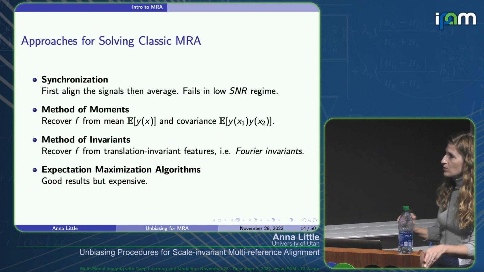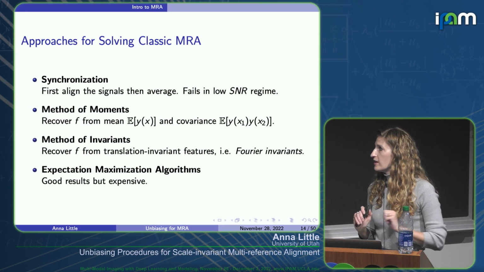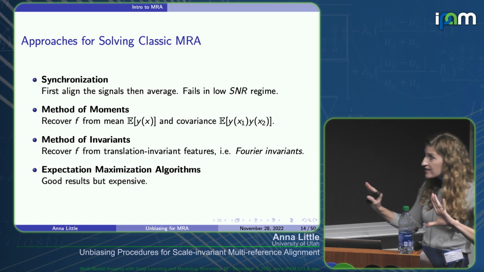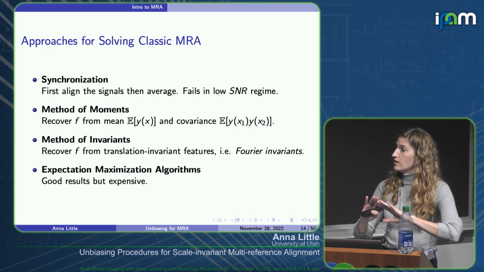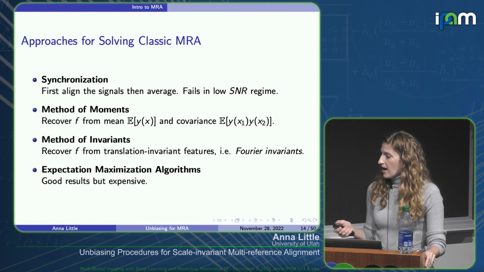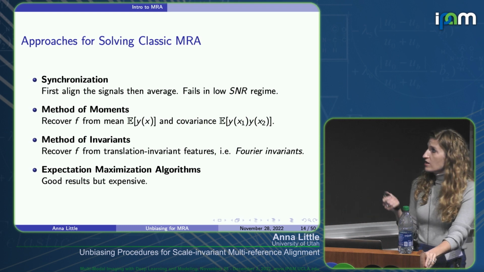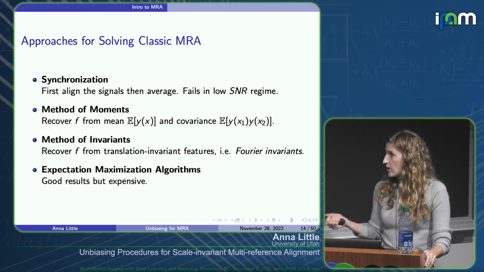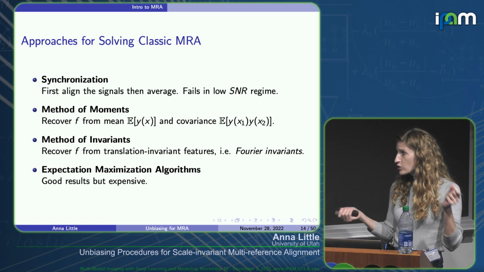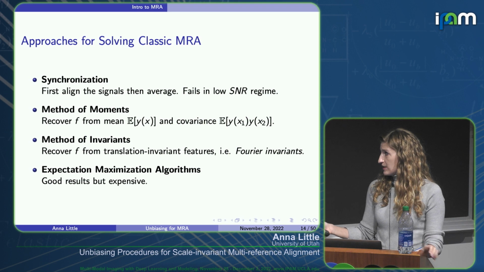Okay, so to step back and give you a little more context on MRA and the classic MRA problem, where you just have translations and additive noise, there are various approaches for solving classic MRA. I've summarized some of the main ones here. The first one would be synchronization.